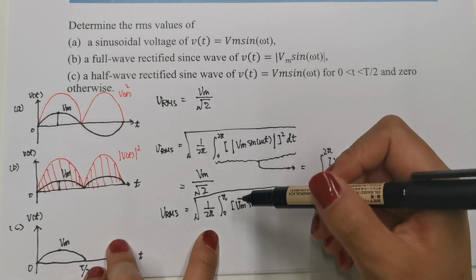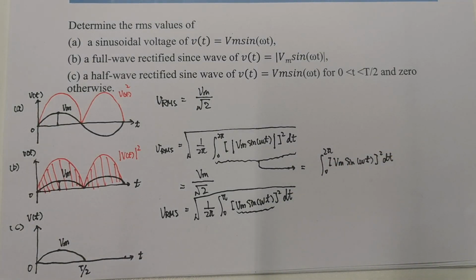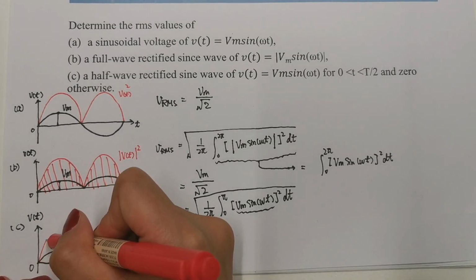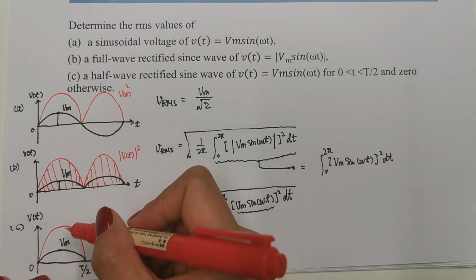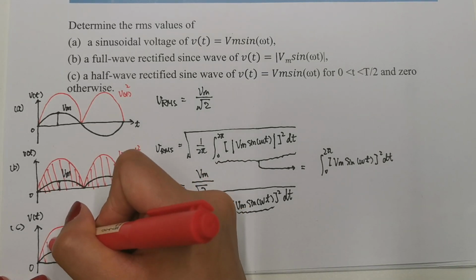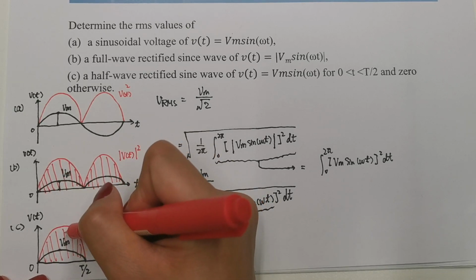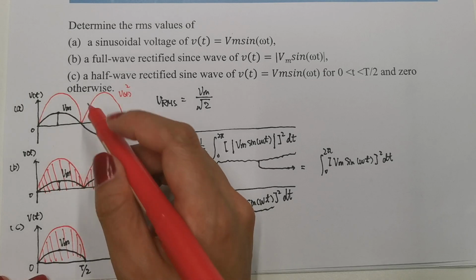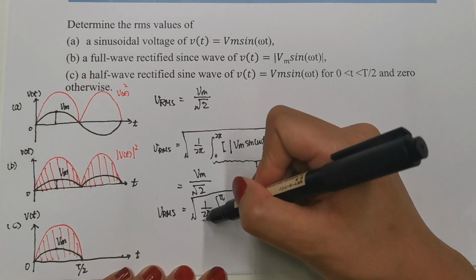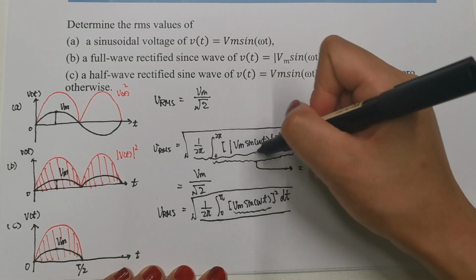And if we draw this part out, the waveform looks like this. If we integrate this line, it's the area under the line, and the area here is half the area of this one. We can say that this part is only half of this part.